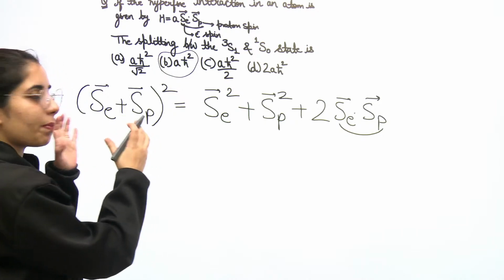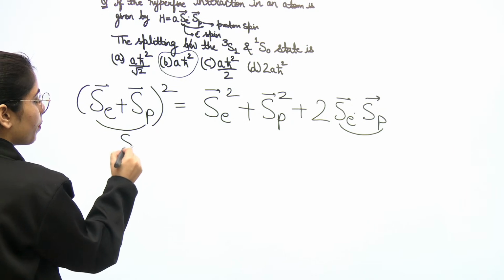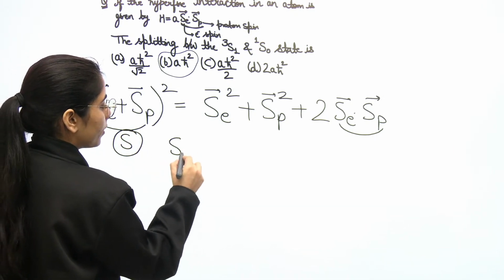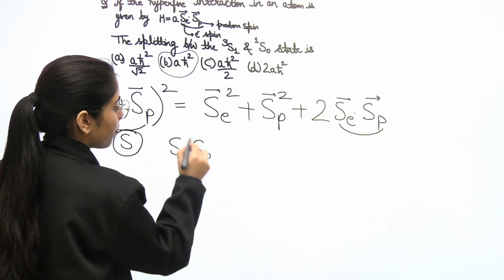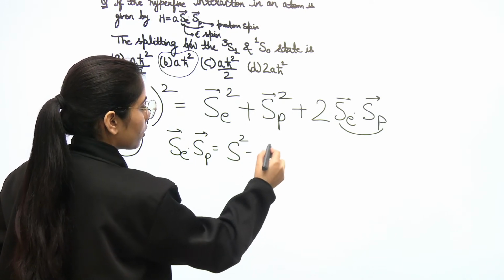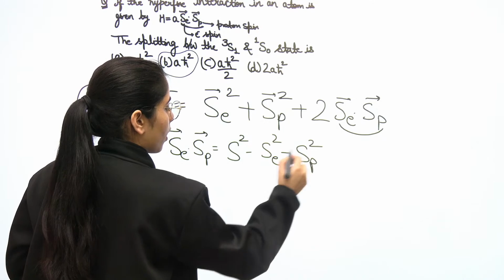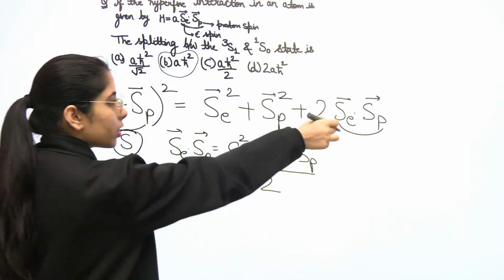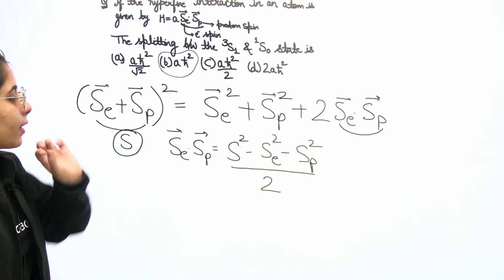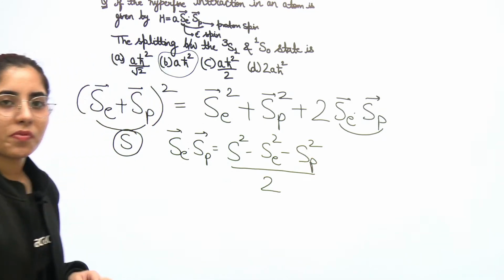Here Se plus Sp is the complete S, so you can write it as S. It is going to give you Se dot Sp equal to S square minus Se square minus Sp square, upon 2, because this 2 will come in the denominator after the cross multiplication. Next, the electron spin and proton spin are fermion spins, which are half.